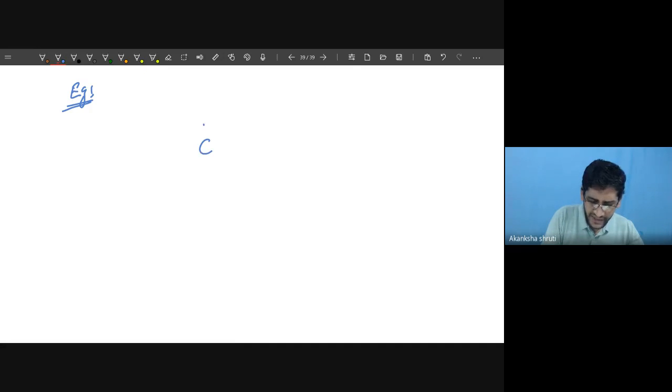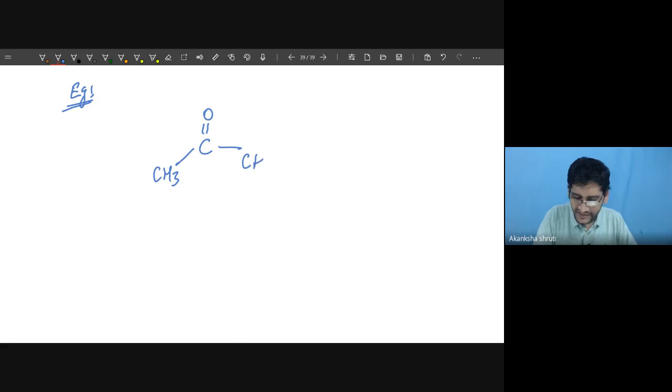Say this is our ketone. To these two ends we have to attach something. I may attach CH3 and another CH3. It will be the simplest one. How to number? Start numbering from one end and go to the other.